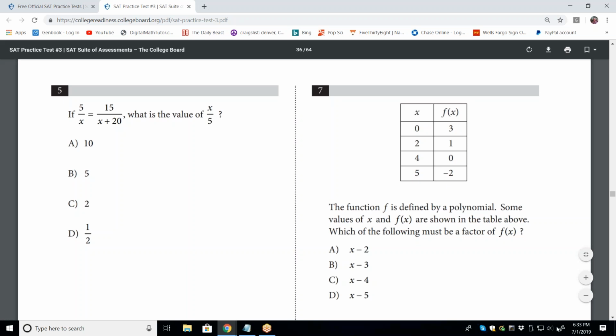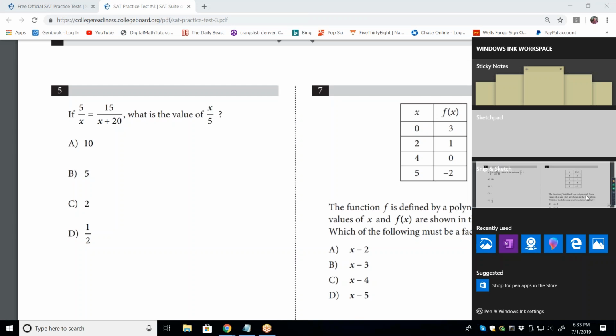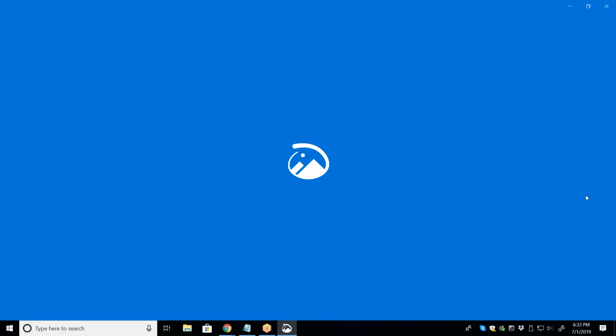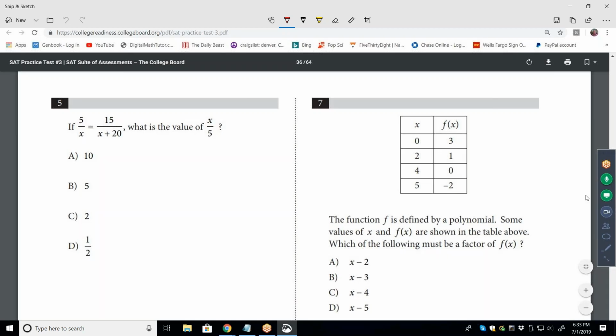First of all, let's talk about functions. Okay, this is kind of a hard problem for being number 7. If you have a function, I'm going to draw it way over here on the right because I'm going to need the room. Let me put some points on that graph.